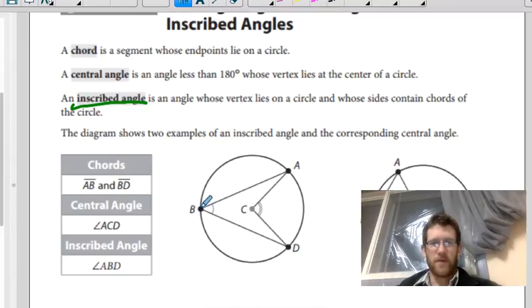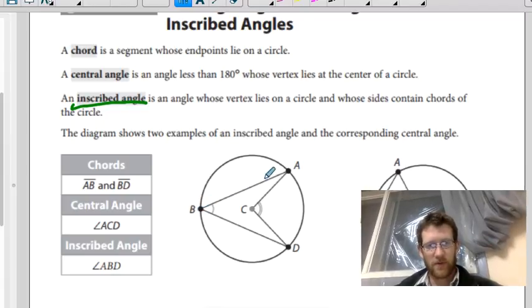So this inscribed angle starts somewhere on the circle, and then it goes out in two different directions, and it hits this circle in two other points, and it makes an arc there. So keep that in mind, that inscribed angles go basically all the way across the circle, right? They're made of two chords.